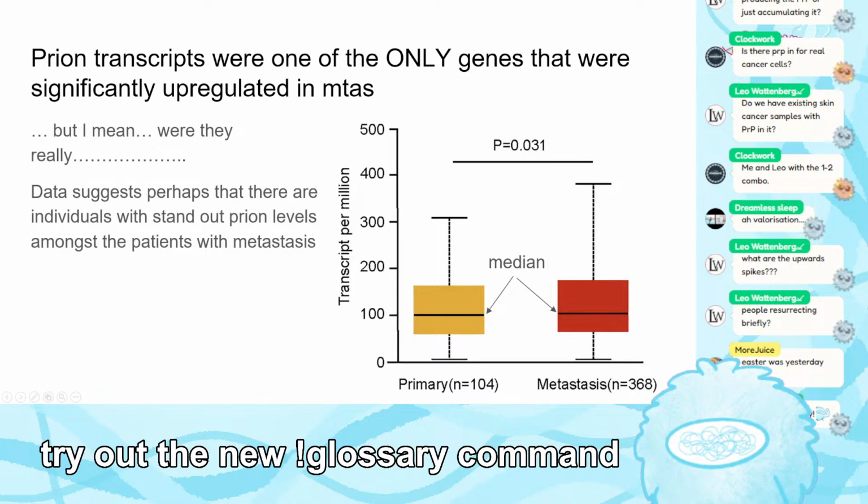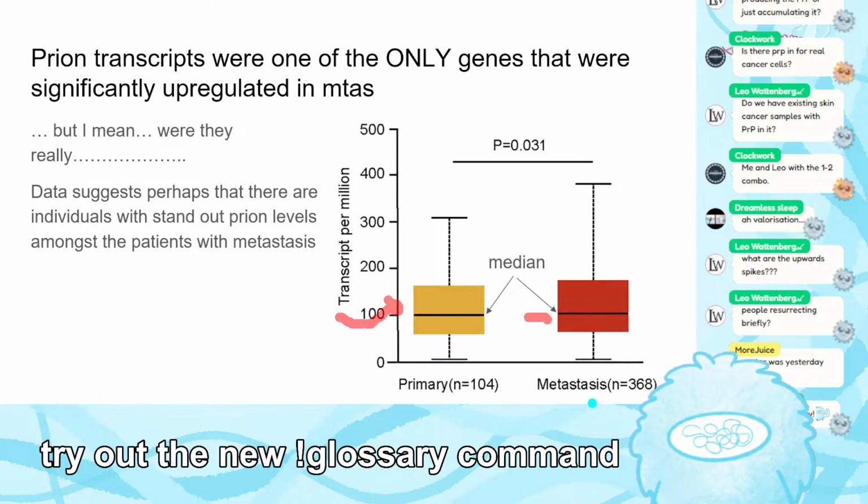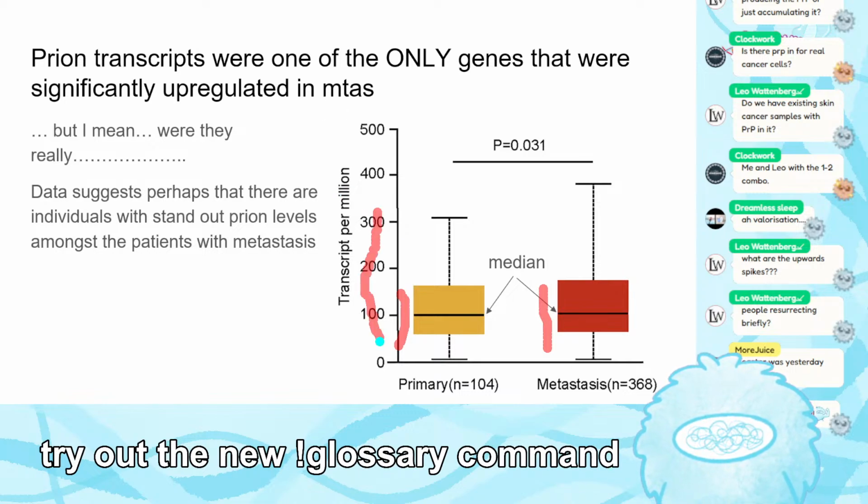So I actually sent this graph to Mylan. This is a box and whisker plot, and the line in the center of the bar represents the median, and the bounds of these boxes represent quartiles. This gives you an idea of the distribution of the data, and the error bars give you a range.